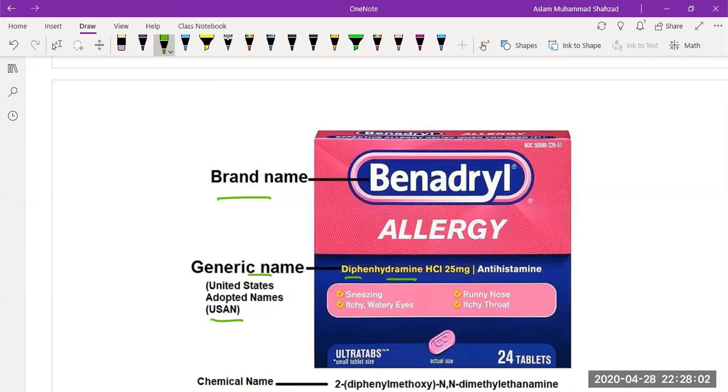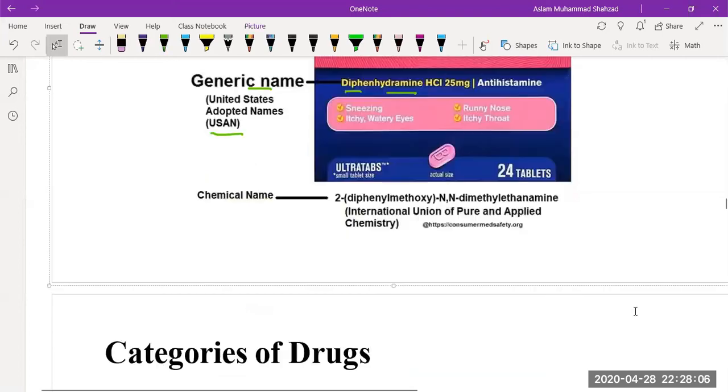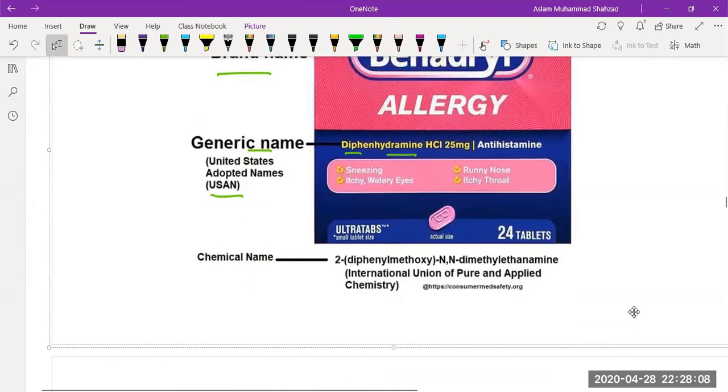Then we have the chemical name, which is given by the International Union of Pure and Applied Chemistry, IUPAC, which is 2-diphenylmethoxy-N,N-dimethylethanamine.